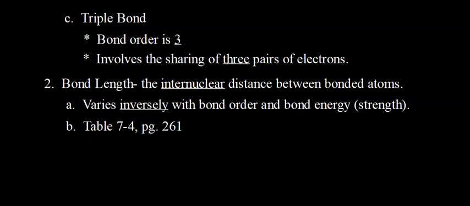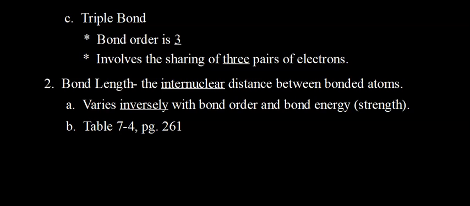And you know what's next? A triple bond has a bond order of 3, and it involves the sharing of 3 pairs of electrons. There is no such thing as a quadruple bond. So a triple bond, or 3 shared pairs of electrons, is the most pairs of electrons that 2 atoms can share.